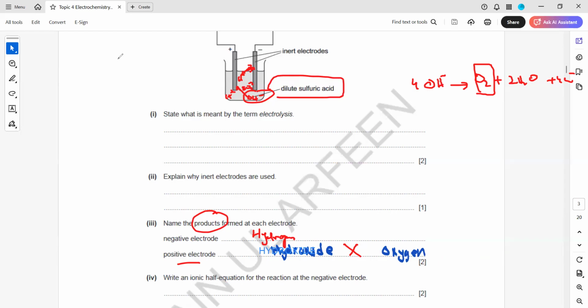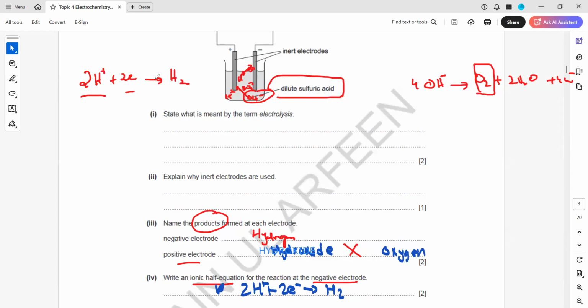Is it clear, this one? Yes, sir. Okay, then what about the ionic equation for the negative electrode? Negative electrode means the equation for hydrogen. What is the equation for hydrogen? Two hydrogen ions, 2H+, plus 2 electrons equals H2. Good.